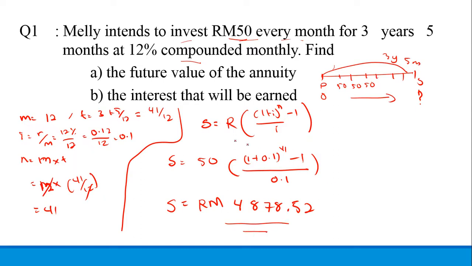Okay, for A. And for B, the interest that will be earned is I equals S minus Rn, where S is 4878.52 minus R, which is 50 ringgit, times n, which is 41.